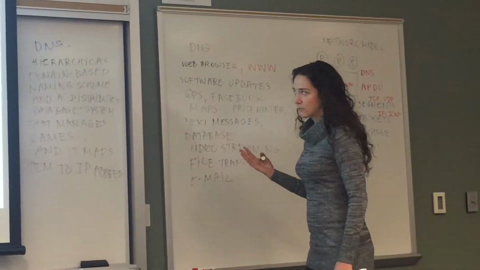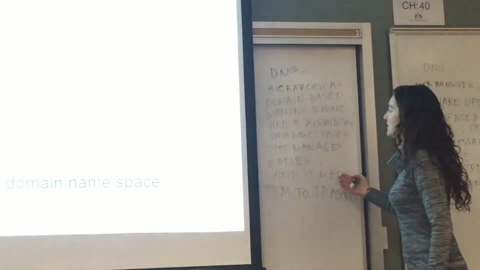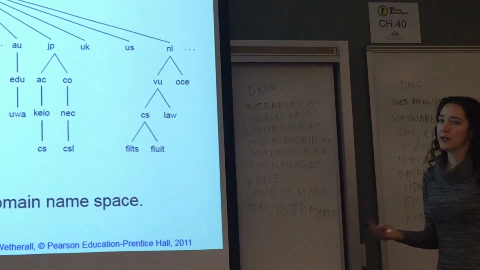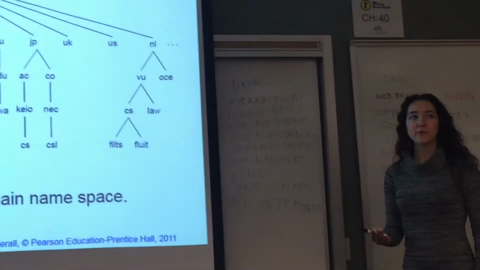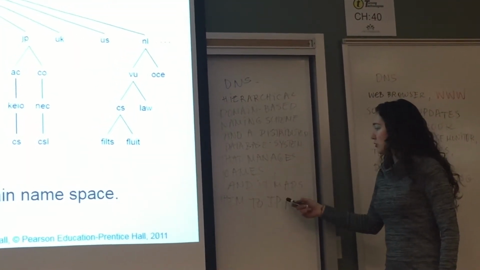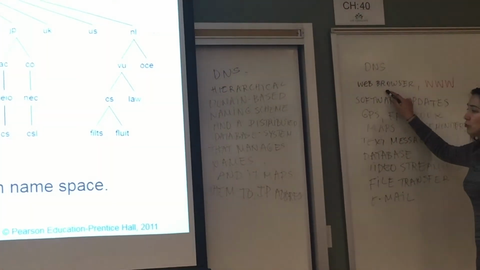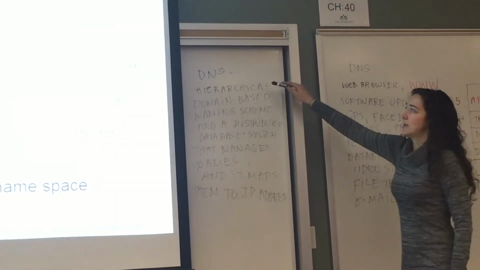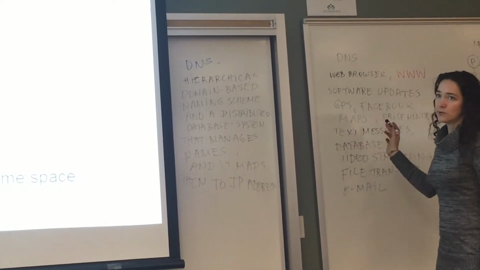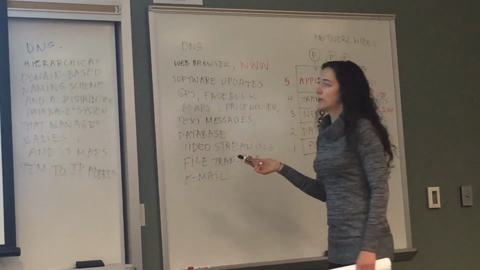So to make our life easier, we created this domain name system so that instead of using IP addresses, we can use names that we can easily remember. But to make that work, we need to create a database that maps these names to the corresponding IP addresses. And so before the web browser can connect to Google, it needs to first contact a DNS server and obtain the IP address of Google so that it can connect to it. So that's what the domain name system is doing.